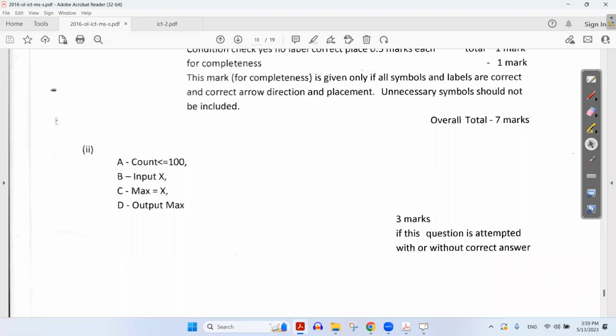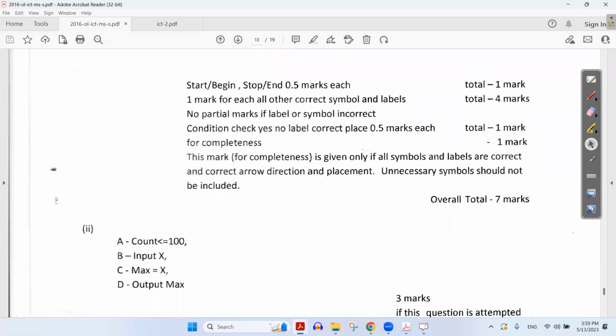So that gives you 3 marks. See how much you got out of 10 for this. All right, well done. Vinelka, Udamya, very well done.